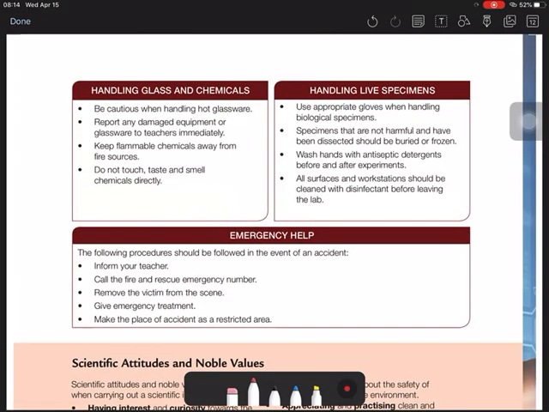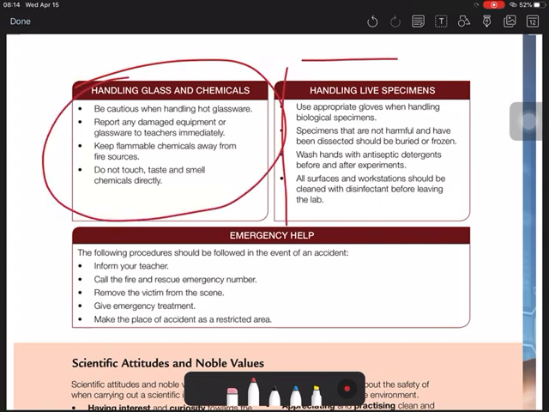Handling glass and chemicals, be cautious. Handling live specimens, use appropriate gloves. All surfaces and workstations should be cleaned with disinfectant. Very important. You don't want to have germs all over the place after you dissect a mouse or a frog, for example.